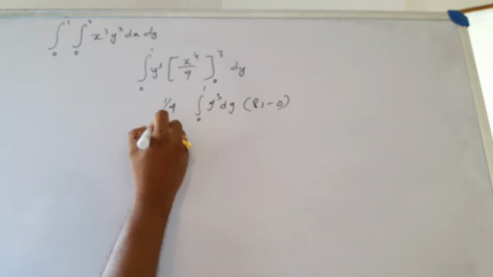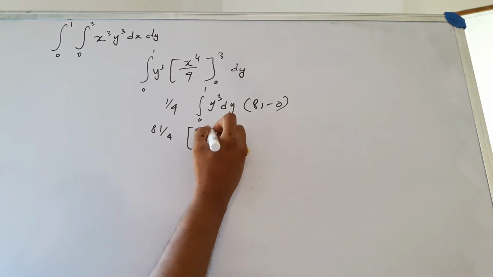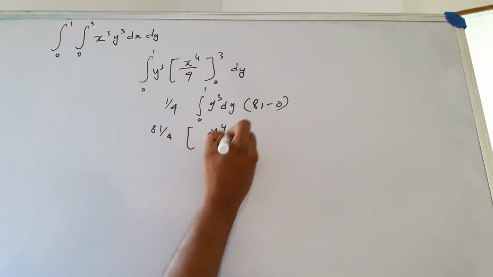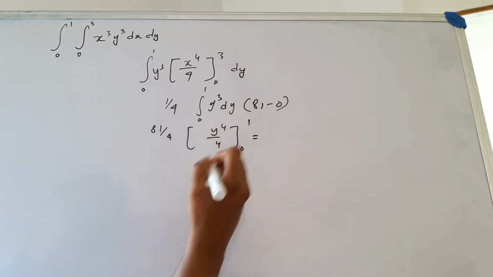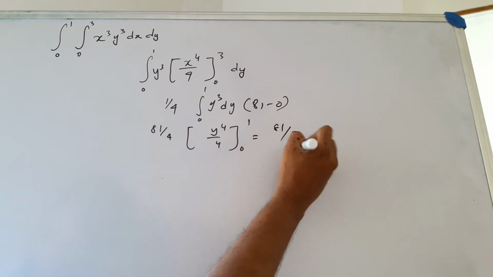So 81 divided by 4. Again, integrating with respect to y, I get this. So when I substitute it, I get 81 by 16.